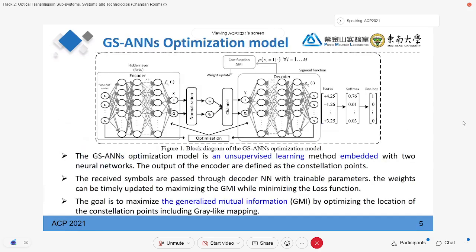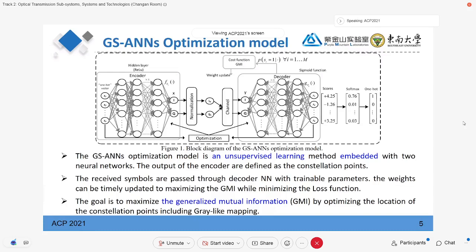Here, this figure is the block diagram of the geometric shaping artificial neural networks optimization model. The model is an unsupervised learning method embedded with two neural networks. The transmitter and the receiver neural networks are defined as functions f and g.